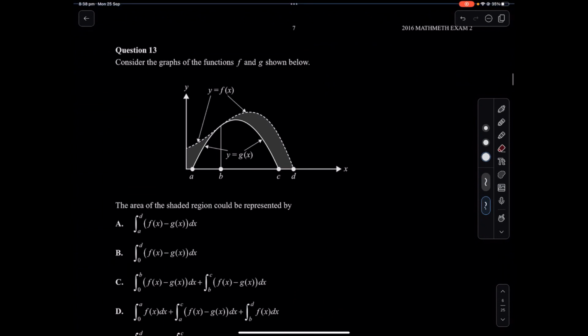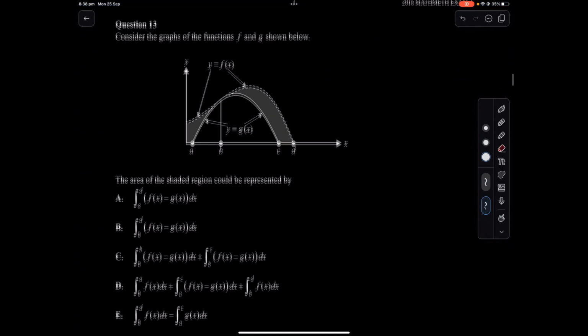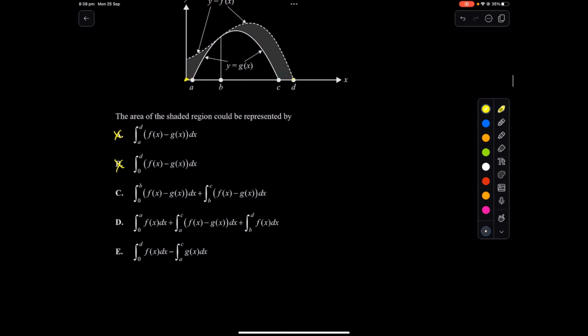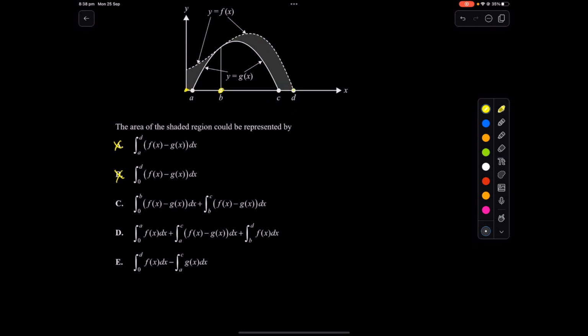Question 13. Consider the graphs of the functions f and g. The area of the shaded region can represent what? So the first one is saying from A to D, where f of x minus... absolutely not, that doesn't make sense. 0 to D, so from here to here, f of x minus, no. Next one, 0 to B, so from 0 to this value over here, f of x minus, no. We need to consider this part here.